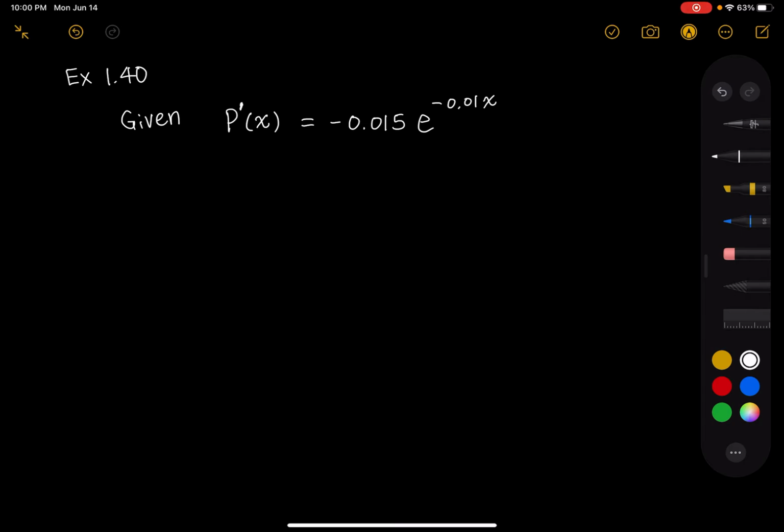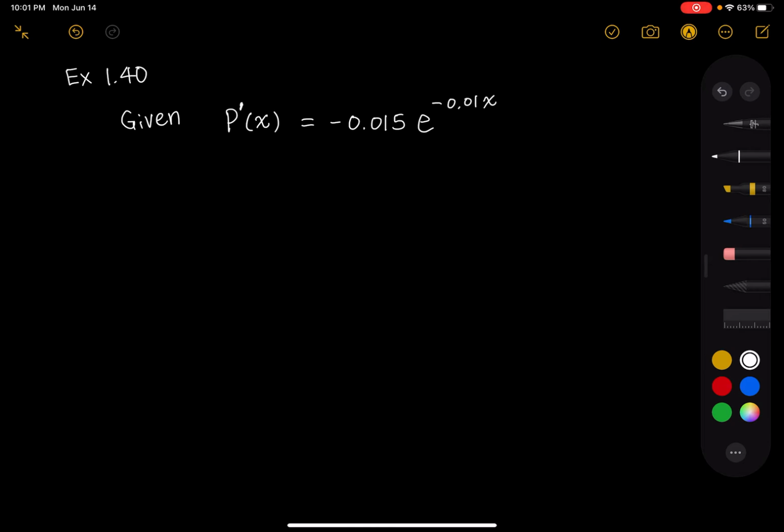At a supermarket chain, when the demand is 50 tubes per week at $2.35 per tube, given that the marginal price demand function is P prime of x equals negative 0.015 times e to the negative 0.01x for x number of tubes per week. So if the supermarket chain sells 100 tubes per week, what price should it set?